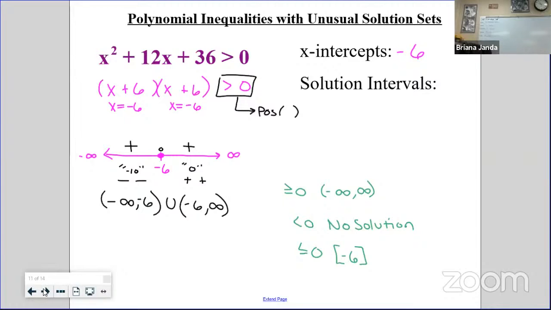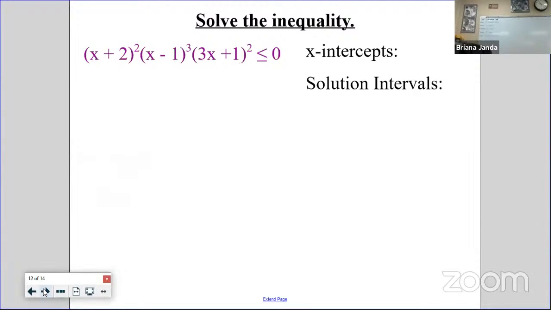All right. I have 2 more weird cases, and that is when we start seeing exponents. So we're going to look at 2 of these where we see some exponents. I've done all the hard work. I've got it equal to 0.